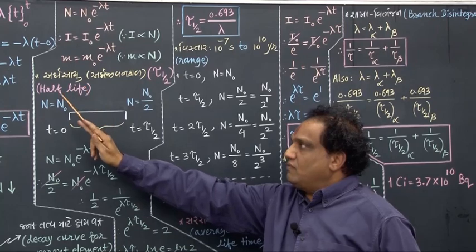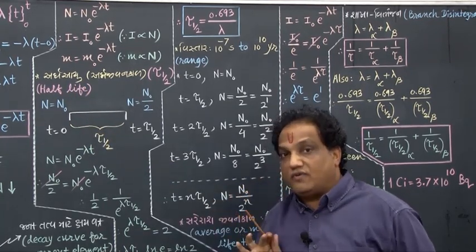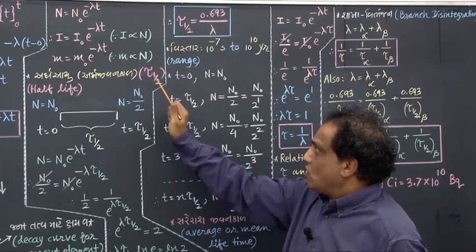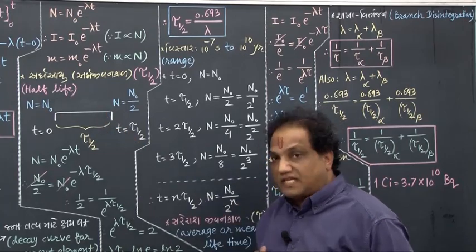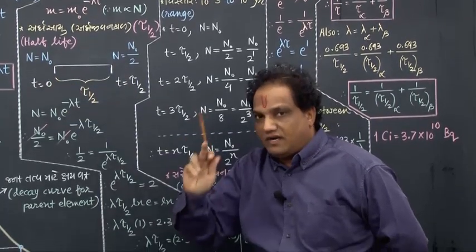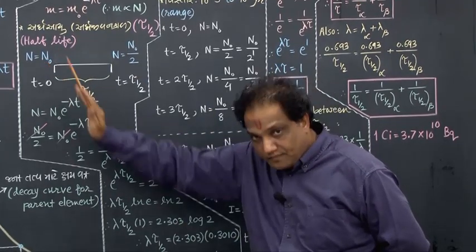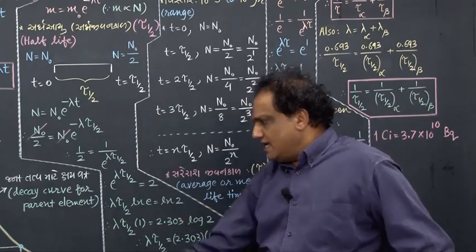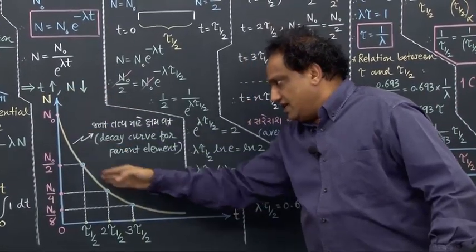Now let us define one more quantity called half-life of a given radioactive element, shown by symbol tau half. Fine. Consider this as a time scale. At time t equal to 0, the number of undisintegrated atoms is, suppose, n0. Now we know one thing, as time passes on, this number goes on decreasing.